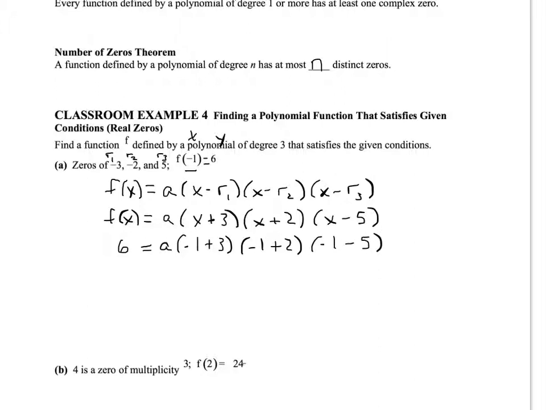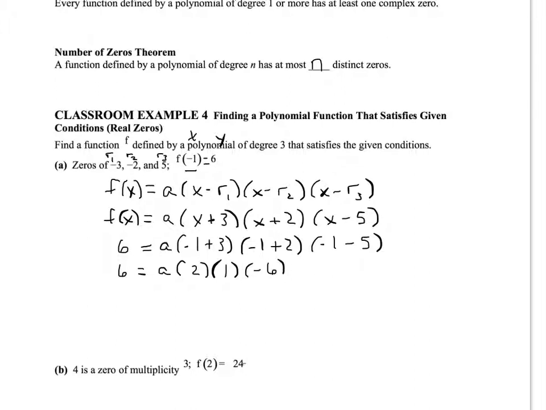This is now going to leave A as the only unknown, and I will find out if I have a stretch or a shrink. So when I clean this up, I get A times -1 plus 3 is a positive 2. -1 plus 2 is a positive 1. And -1 minus 5 is a -6.